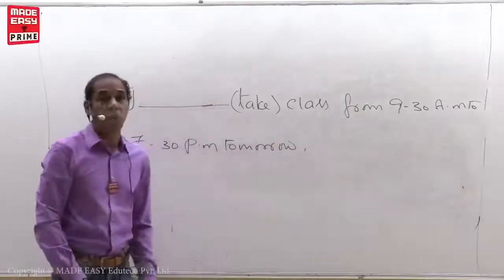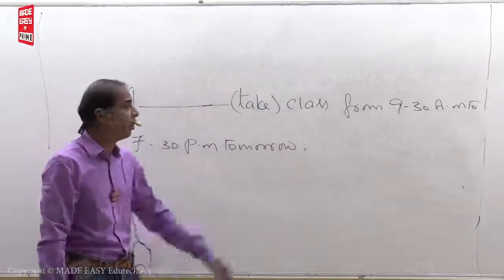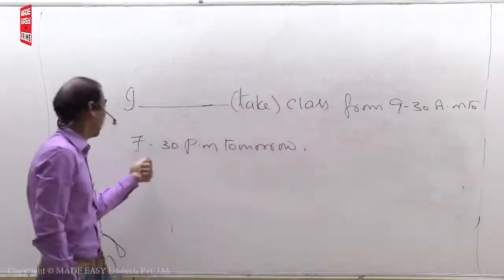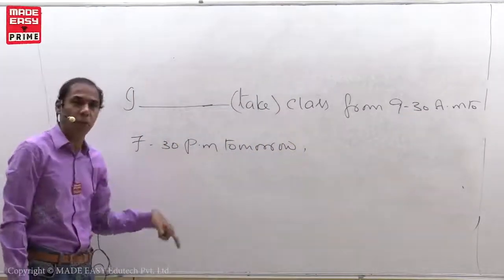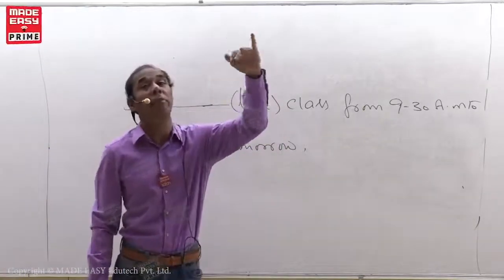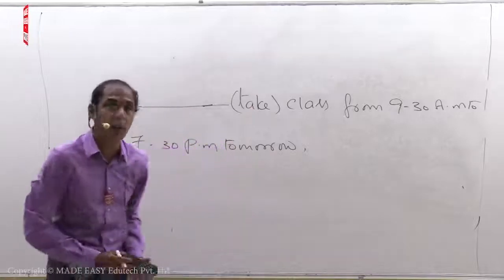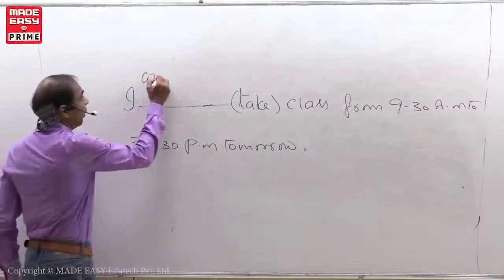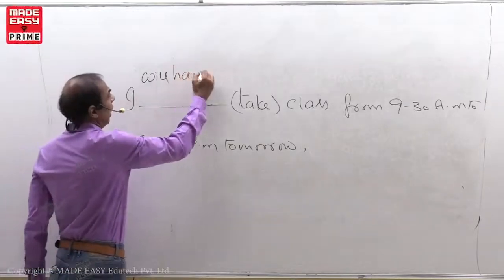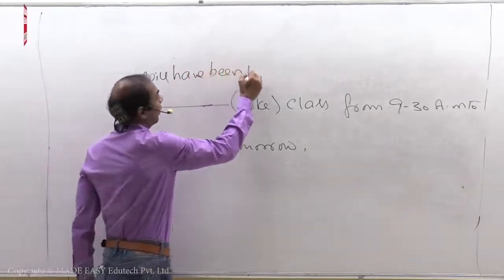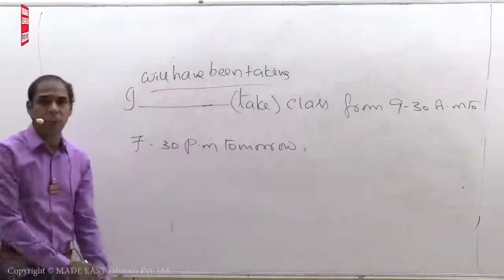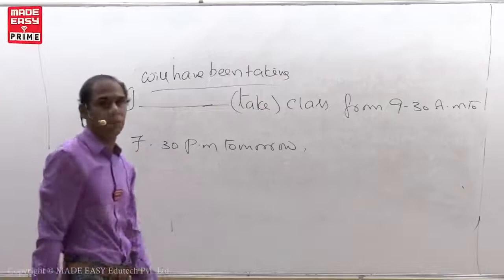See, at what time I am going to start the class tomorrow? At 9:30 a.m. It will be continued till 7:30 p.m. tomorrow. So, if any action is going on from one time to another time in future, that what we call future perfect continuous tense. Will or shall, both are correct. Shall plus have plus been plus be1 plus ing form. I will have been taking. That's it. Students, very easy.